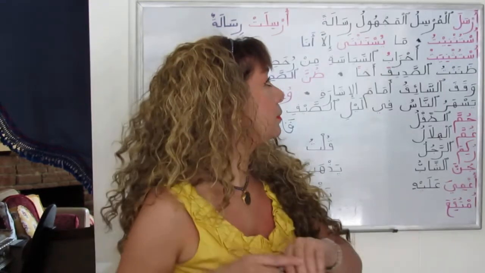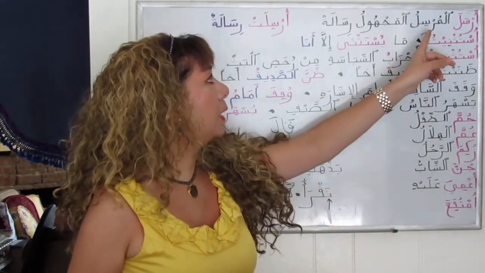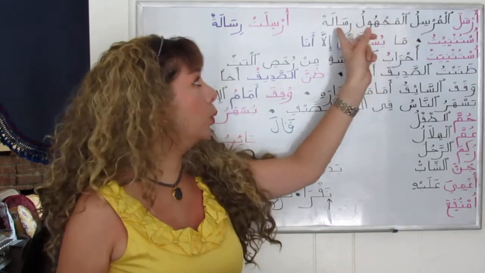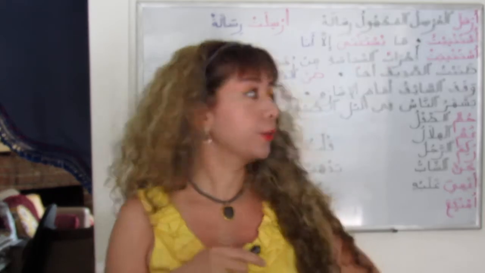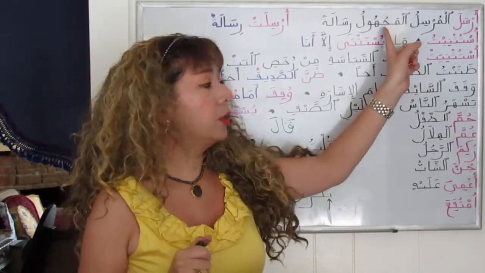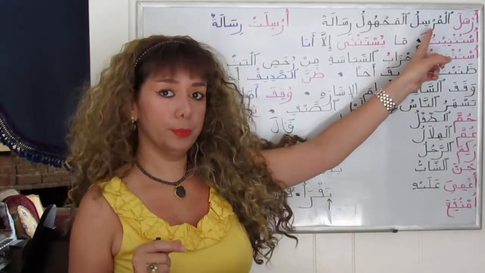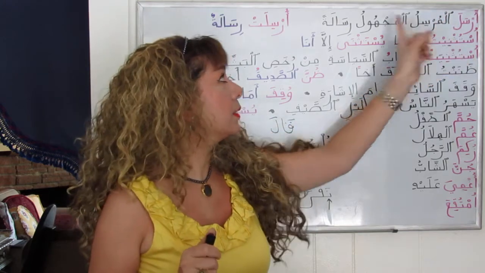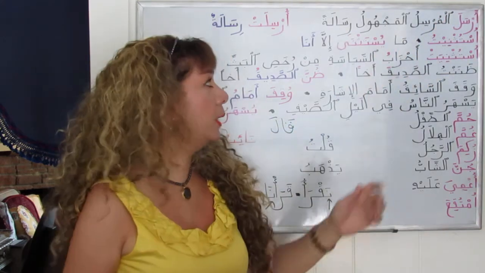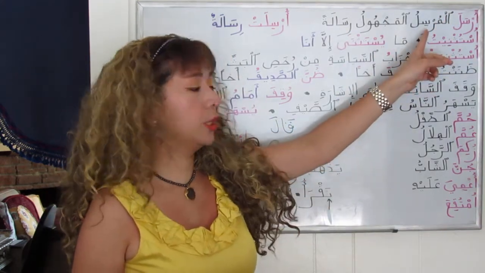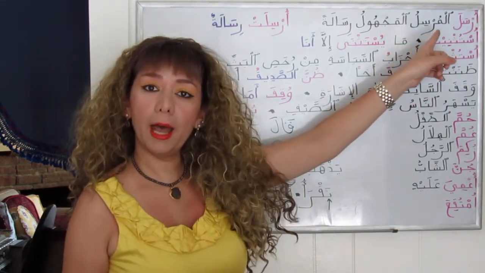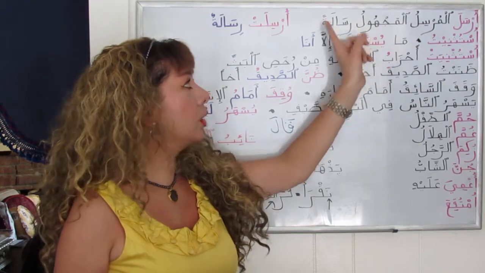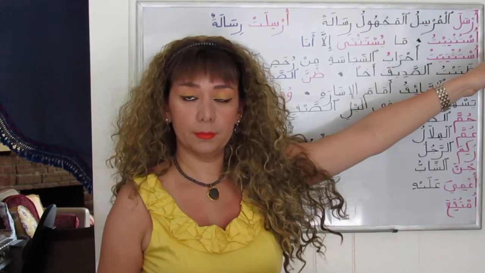So, أرسل المرسل المجهول رسالة. أرسل form 4. So the anonymous sender sent a letter. So here we have the subject of أرسل, المرسل, its modifying adjective, and the object of أرسل.